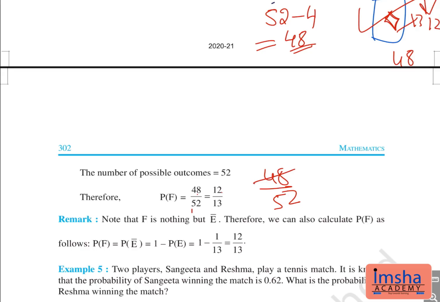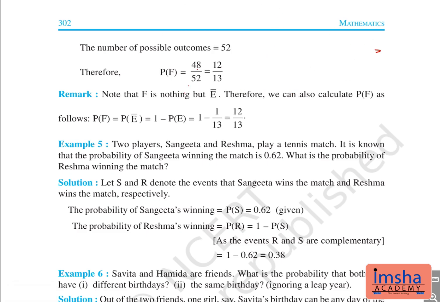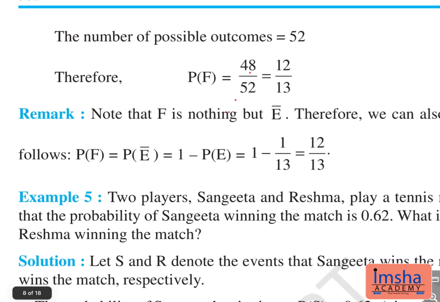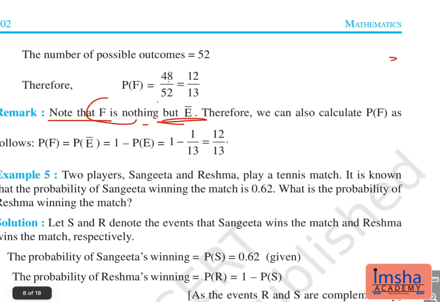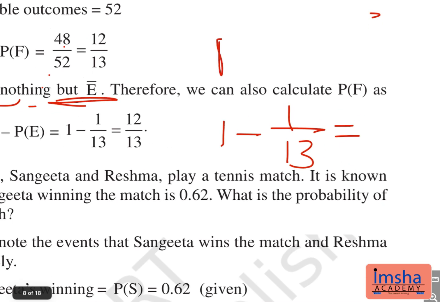4 ones are 4, 4 twos are 8, 4 threes are 12. So 12 by 13. Note that if F is nothing but the event not happening, therefore we can calculate P of F as 1 minus the probability of the event happening.